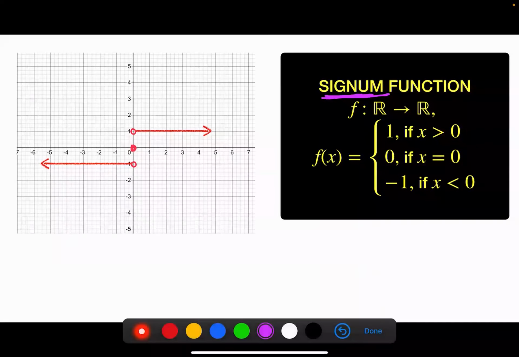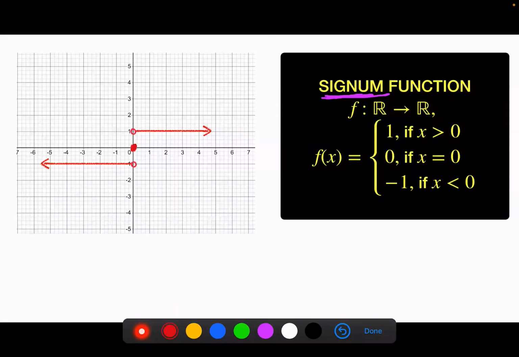So this is how the graph looks. If you have any value greater than 0, your output will be 1. Any value less than 0, output will be -1. If it is 0, it will be 0. So guys, here I'm using a closed, dark circle, which indicates that that point is included as part of the function value.